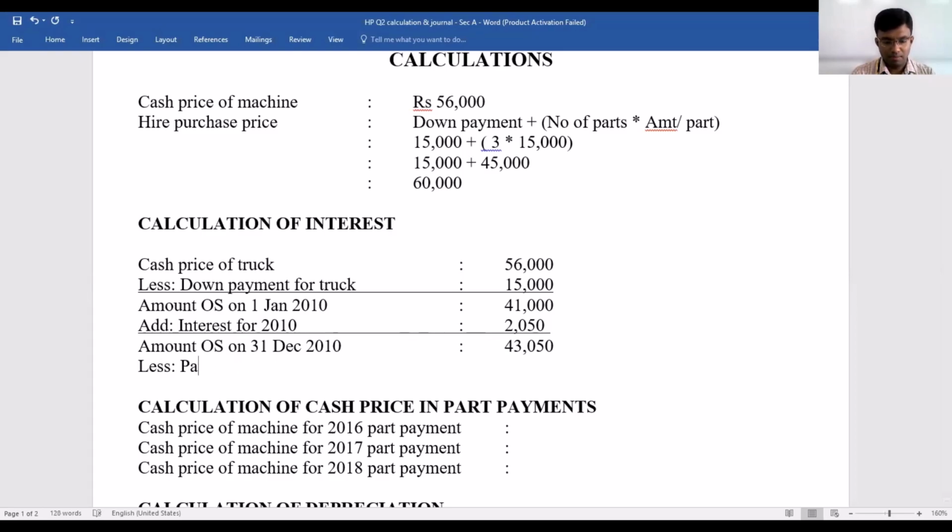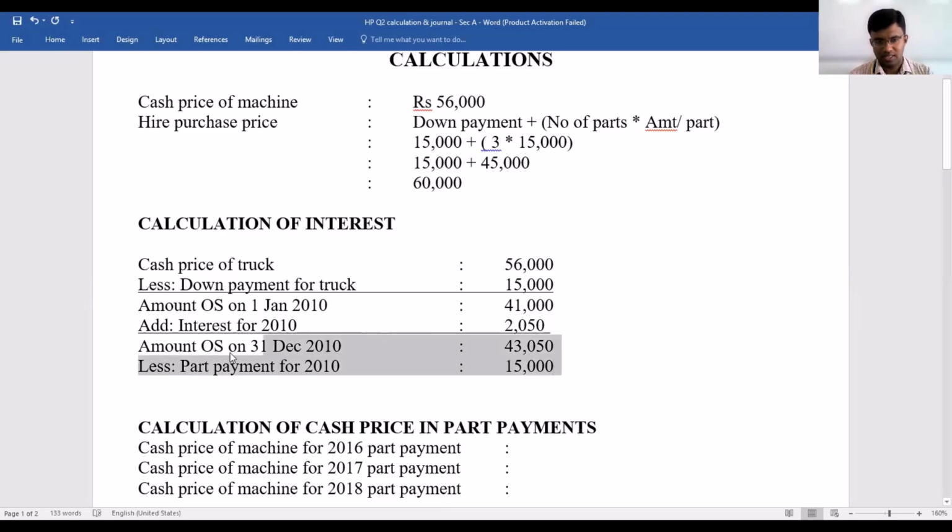From this, we have to subtract the part payment for 2010. So part payment for 2010, we see that this is 15,000. So that has been paid. When you do so, you would get the amount outstanding on 1st Jan 2011.